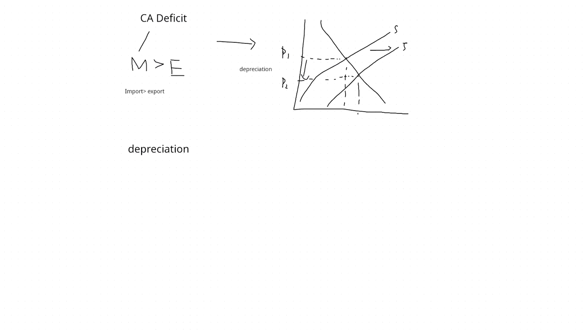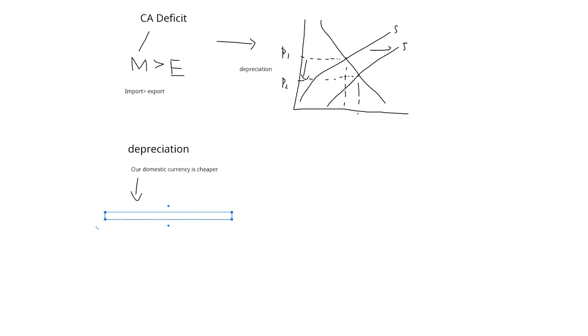Okay, so we know that depreciation means that our currency price is dropping. So our domestic currency is cheaper, right? When this happens, export will become cheaper for foreigners. Why?